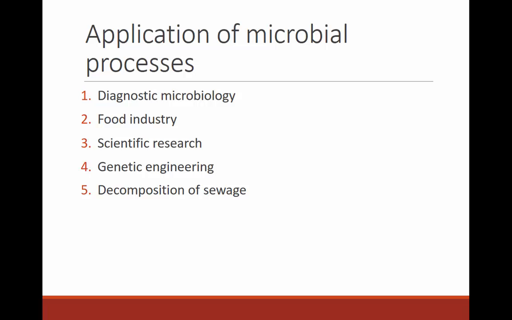In scientific research, we can manipulate different bacteria to produce different things. Sometimes you can get them to produce, say, insulin, so some genetic engineering of bacteria. Certain bacteria, depending on what they are, can actually decompose sewage. So you can utilize what you know about their metabolism and use it for good.